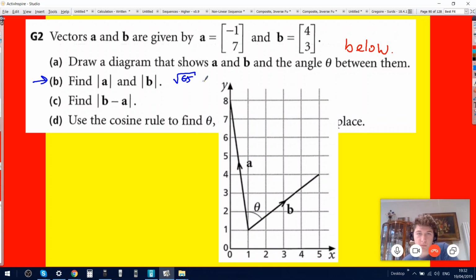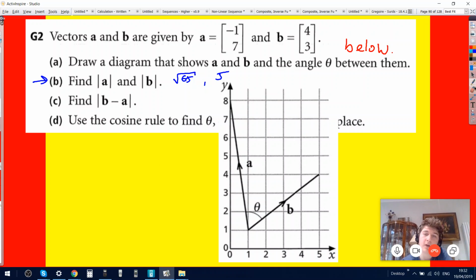Okay. And B? For B, it would be the square root of 4 squared plus 3 squared, which equals 5. Okay. What is the magnitude of B minus A?